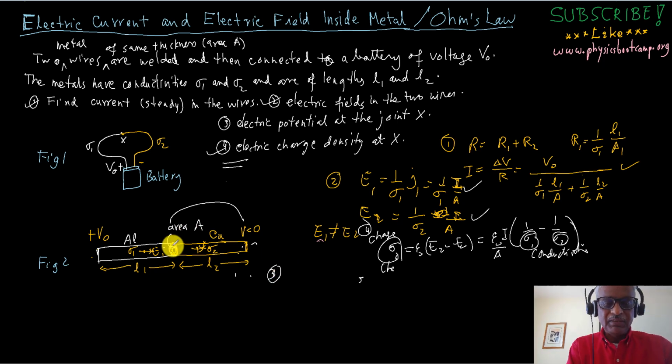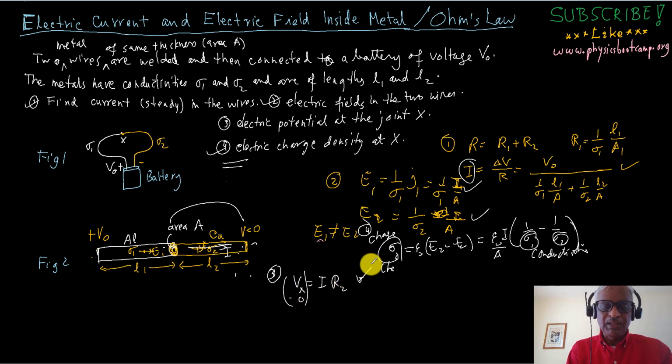The voltage at X would have to drop across here, right? We already know the current. The current going through here is I, and the resistance is R2, so the voltage at X will be I times R2, because it's Vx minus 0 across there. That's one answer. We get I from before, and R2 corresponding to that.